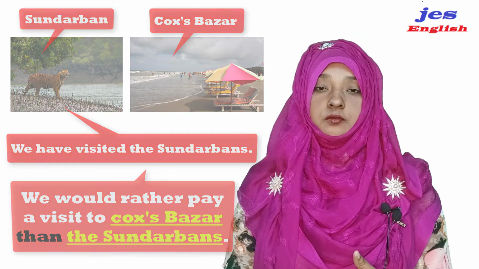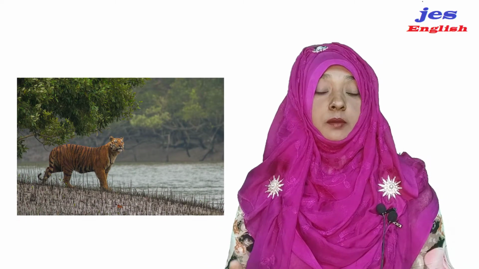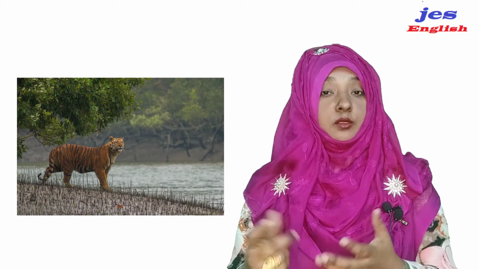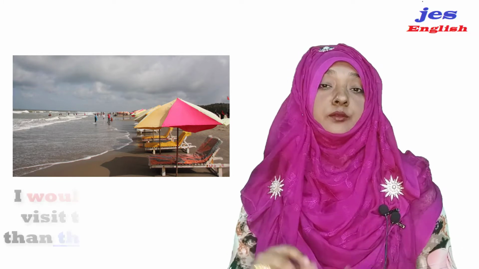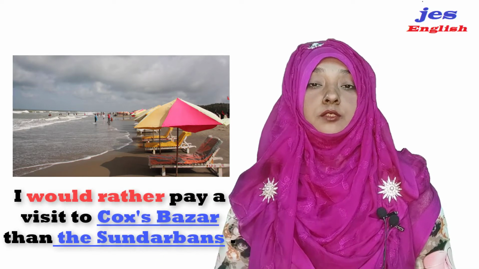We have two options. One is to visit the Sundarban and another is to visit Cox's Bazar. But suppose you have visited the Sundarban already. Then what will you choose? Of course you will choose to visit Cox's Bazar. Then you will say, I would rather pay a visit to Cox's Bazar than the Sundarban.